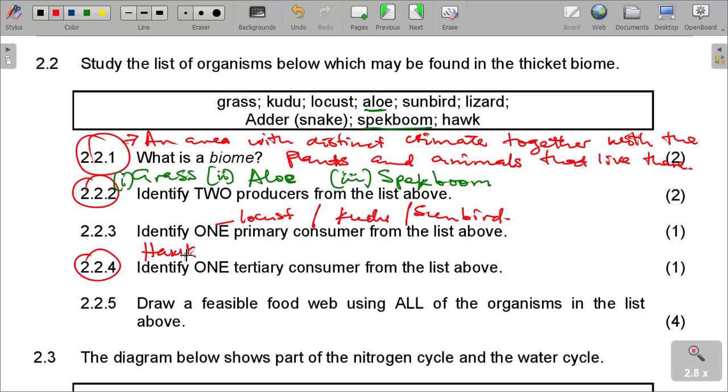It can also be an adder, which can also be a tertiary consumer. They can be tertiary consumers in that case.